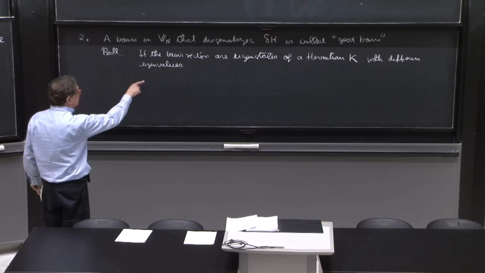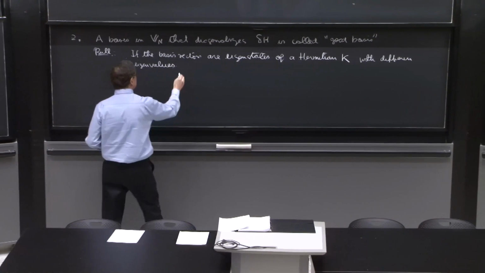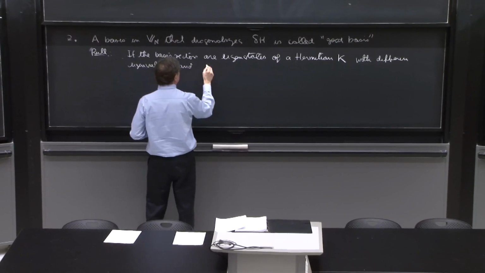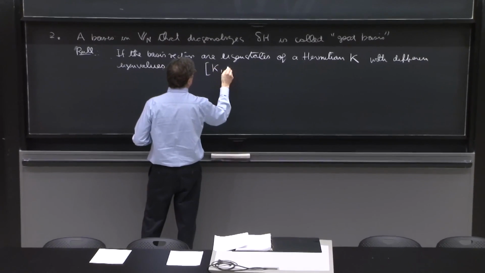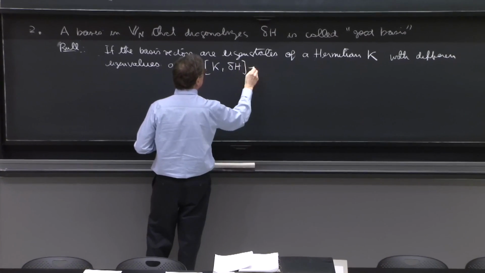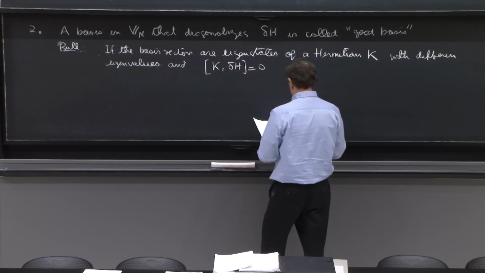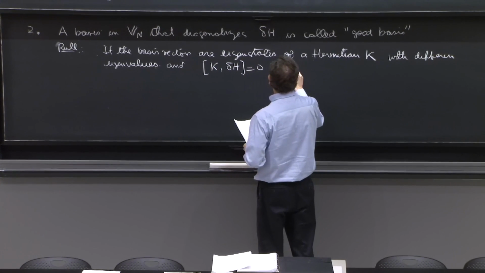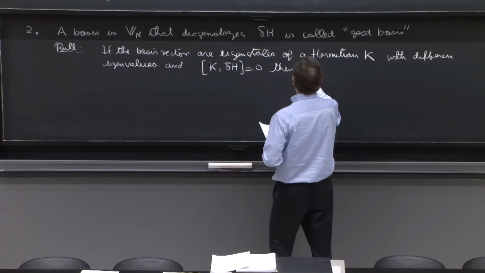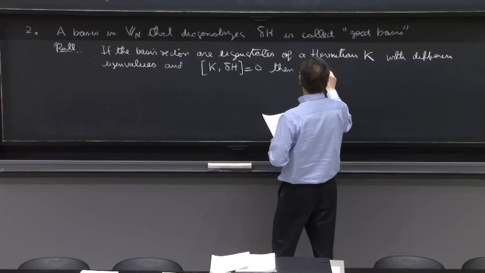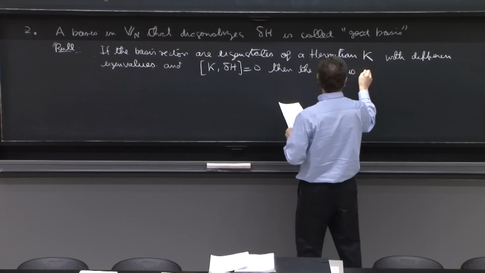So if the basis vectors have different eigenvalues, and K commutes with delta H, then the basis is good.